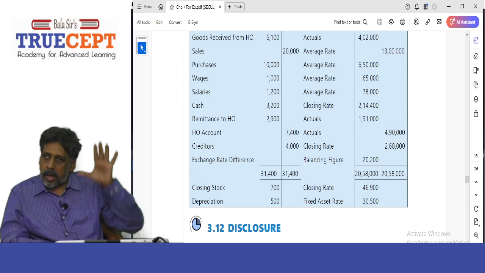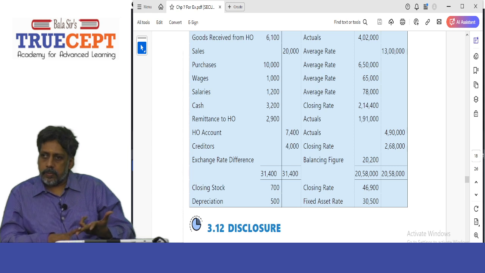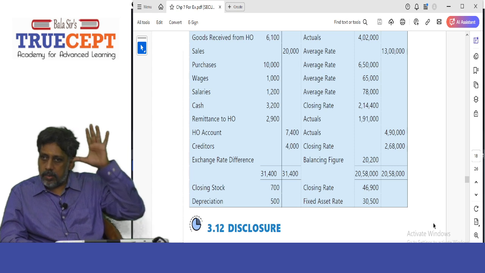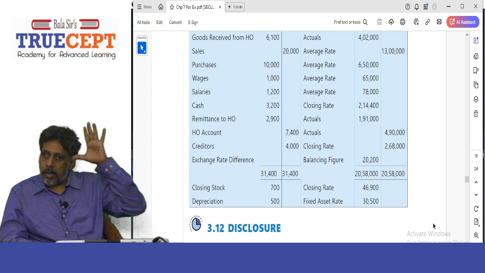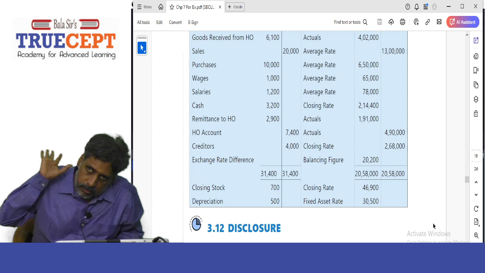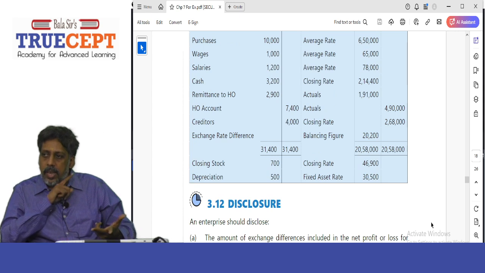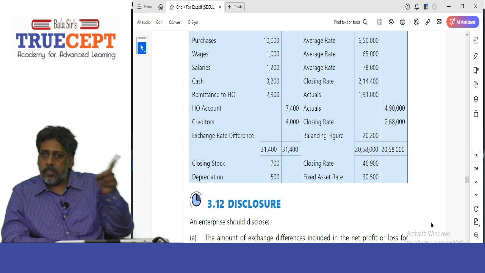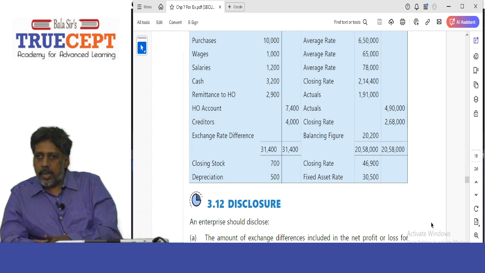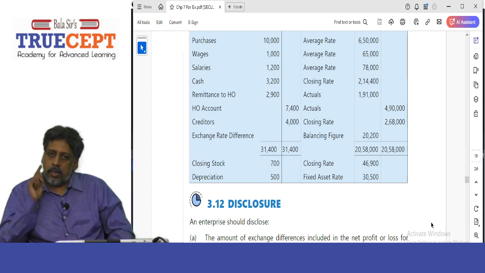Whenever the exchange difference comes on the debit side, it is an exchange loss, no doubt about that. If the difference appears on the credit side, it is an exchange gain. So this exchange loss will be transferred to the profit and loss account.